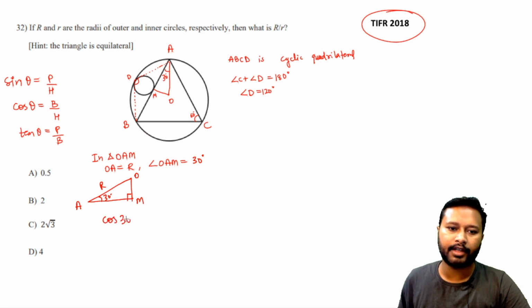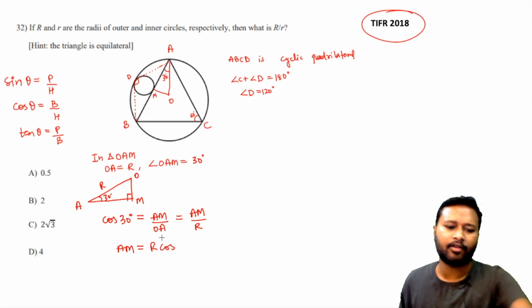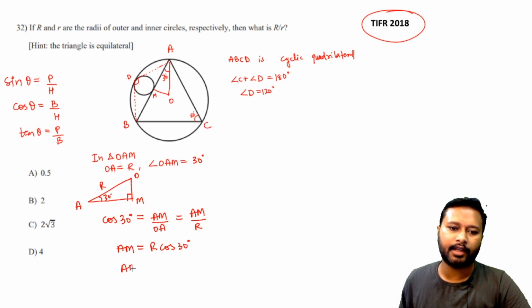So cos 30 degrees is equal to base, that is AM, upon hypotenuse, that is OA. Now AM I have to find out, and OA is equal to capital R. So I can say that AM is equal to R cos 30, and cos 30 has a value of root 3 by 2.